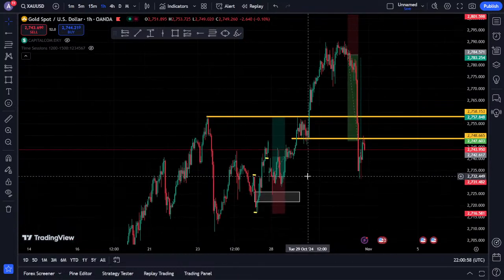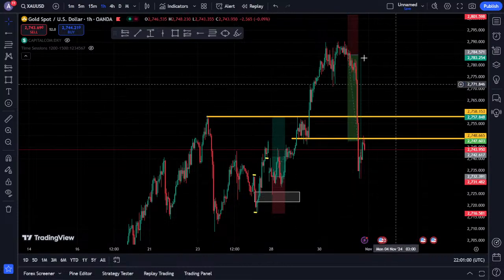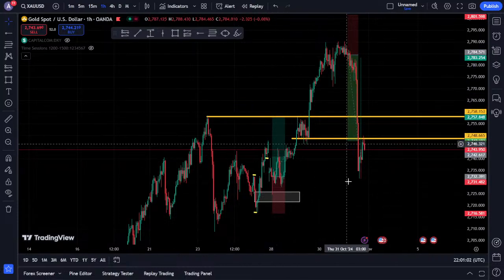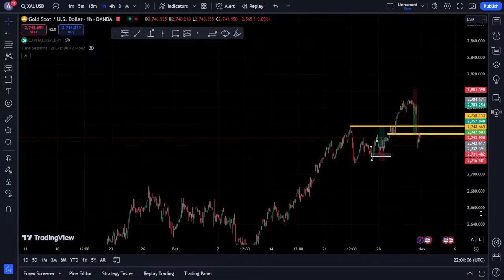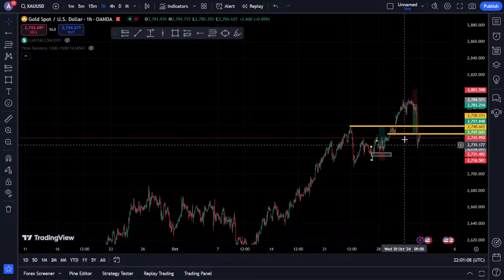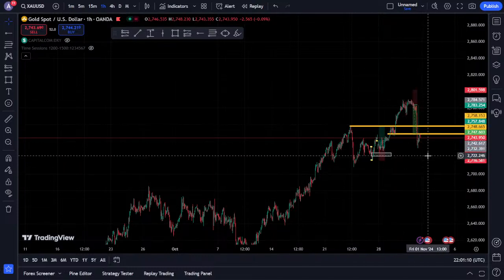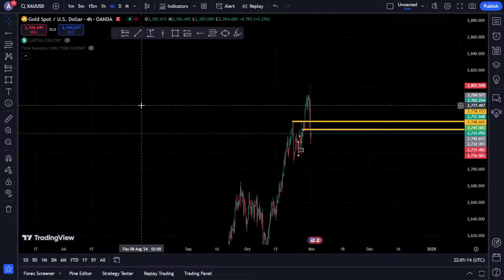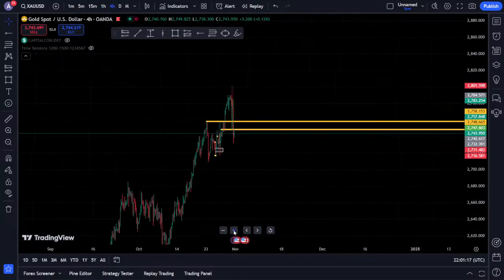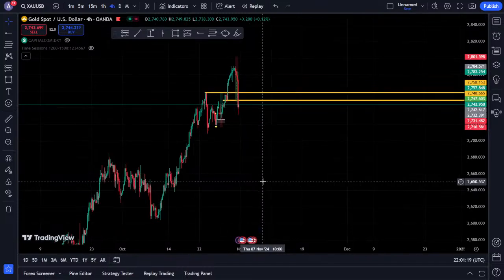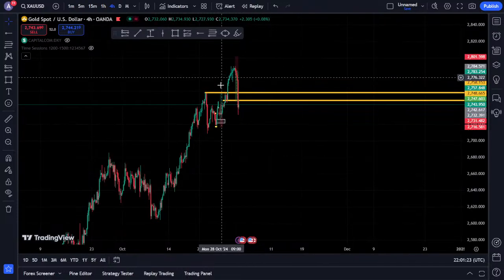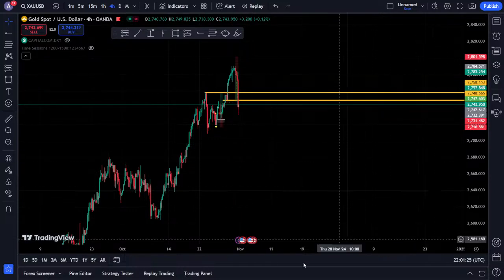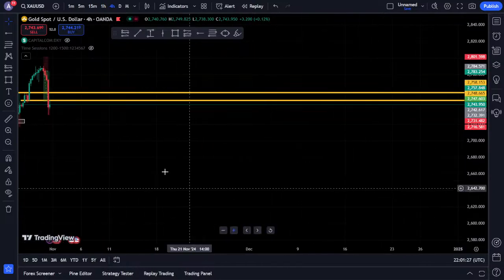But now that I'm thinking about it, this whole sector might be a liquidity sweep, and it might stay back in this range. This could most definitely be a liquidity sweep. Yeah, it most likely is.